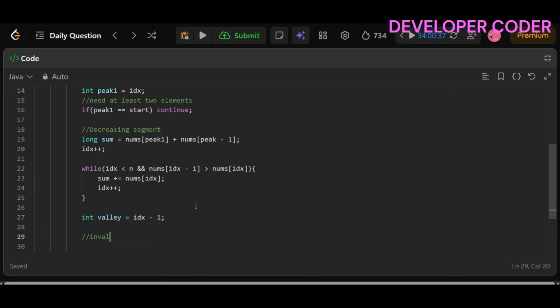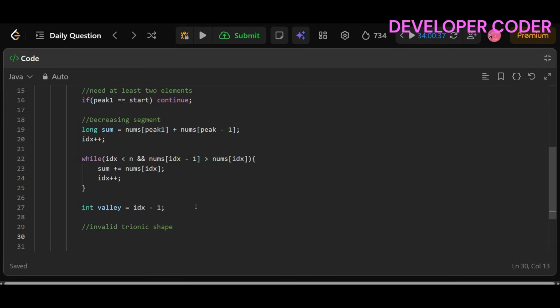So here I will say invalid trionic shape. So here if your value is equal to peak 1, right? So in the valley also you don't have 2 points, so it is not a valley, we just have peak 1 only, so this is invalid. Or if your value is at the last point, n minus 1, then after that there is no increasing segment, right?